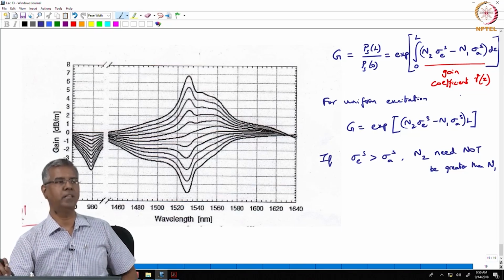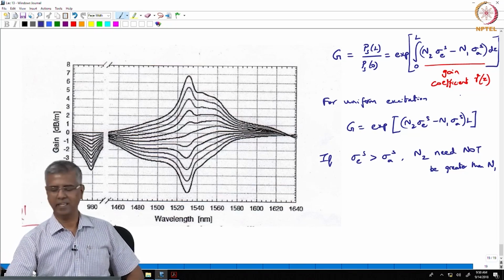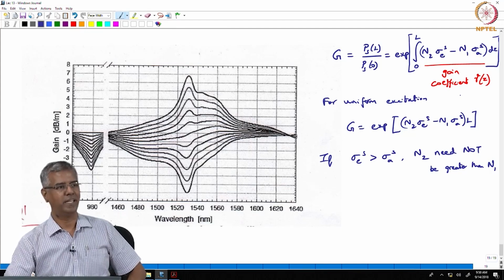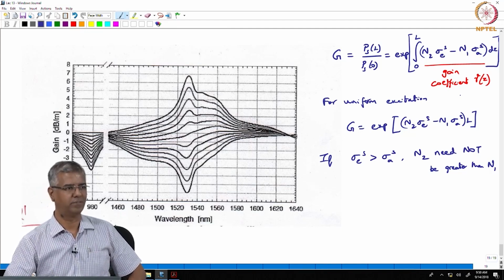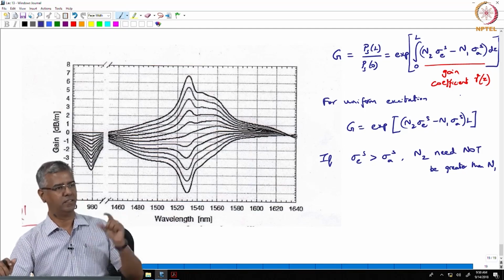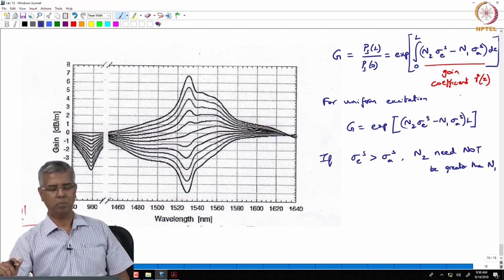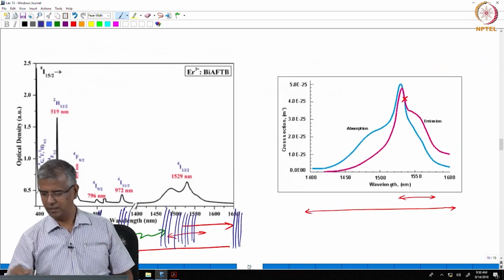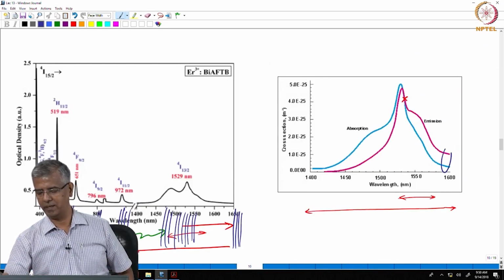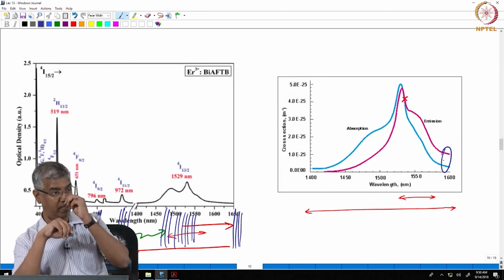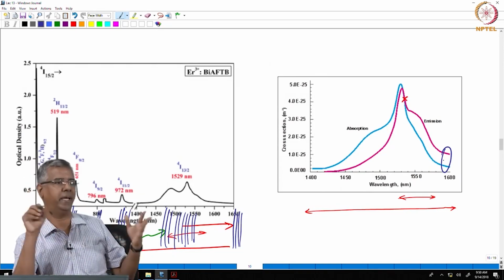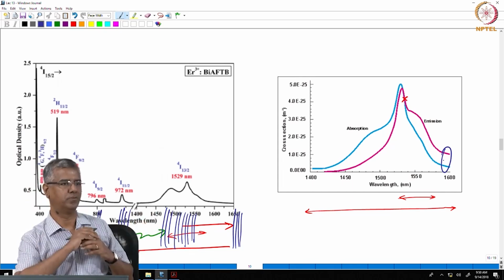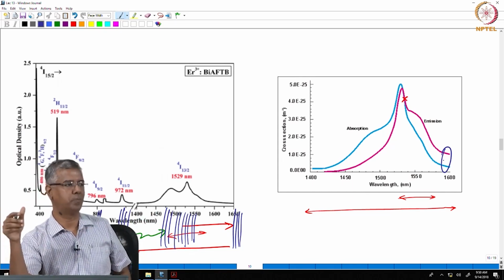So, it does not mean that you necessarily have to have N2 greater than N1. You have an inversion, but in these regions over here, right, you have sigma A almost 0, sigma E is a finite value.